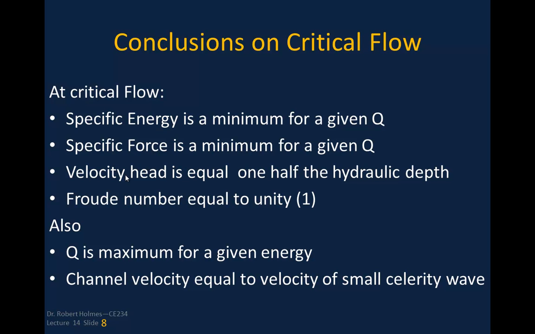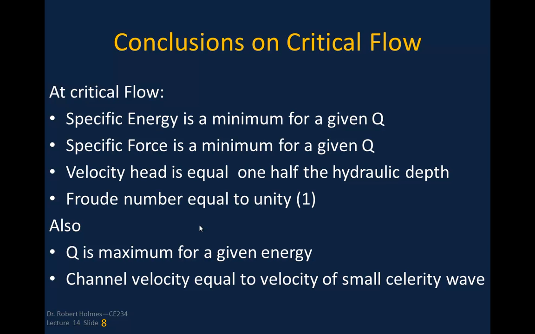And then again, we've specified this many times, the Froude number is equal to unity. And then also that we've shown, and I'll show in a second here, that Q is a maximum for a given energy, and that the channel velocity is equal to the velocity of a small celerity wave. I was talking about this when I was talking about throwing a pebble into a quiescent pool of water, and the waves emanate out from the center at basically the speed of the square root of g times the depth.